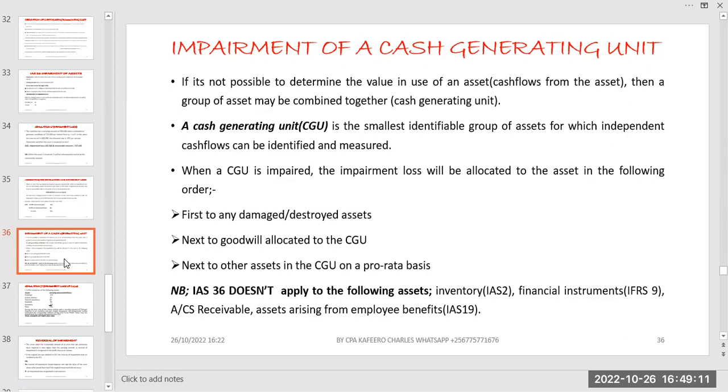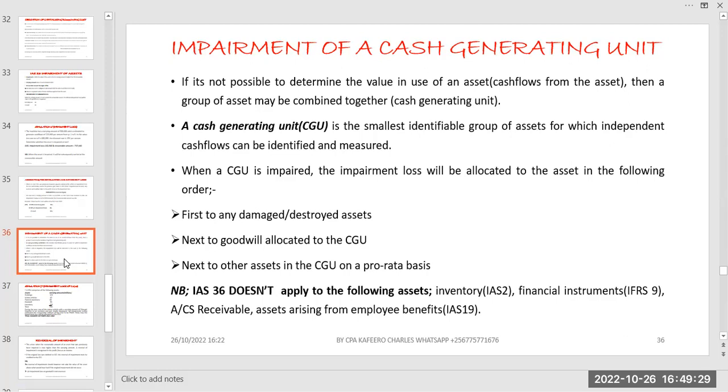When a cash generating unit is impaired, the impairment loss will be allocated to the assets in the following order. This is the order we follow. First of all, we give the impairment to those assets which are completely damaged.